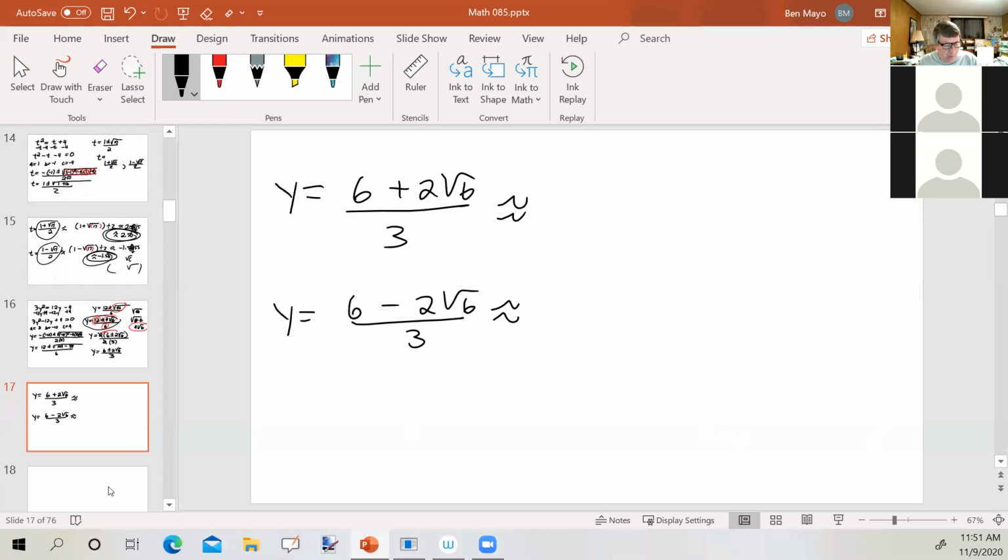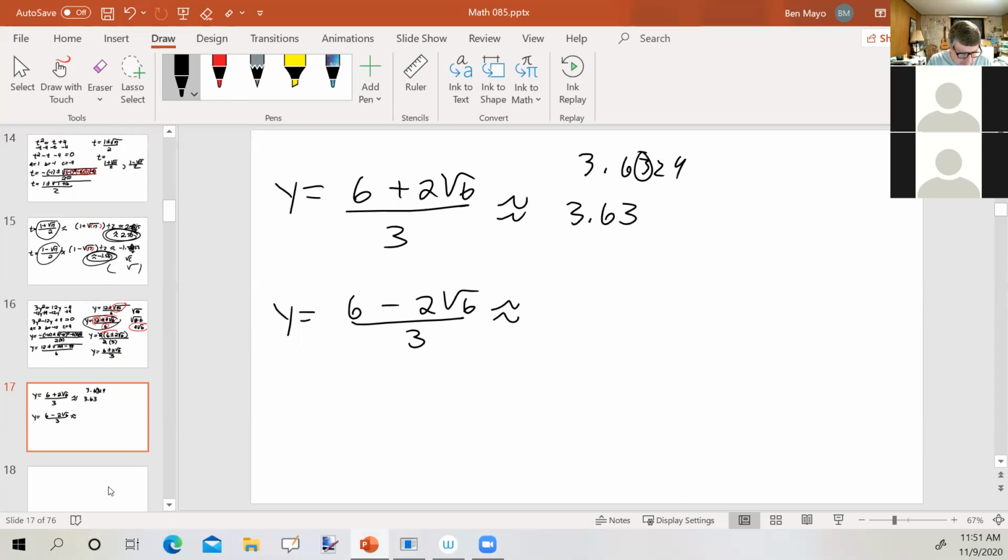And once again, we'll go to the calculator for a decimal approximation, rounding to the nearest hundredth. Parentheses, 6 plus 2 square roots of 6, close that up, close up the whole thing, divided by 3. And I get 3.6329, which is going to round off to 3.63.